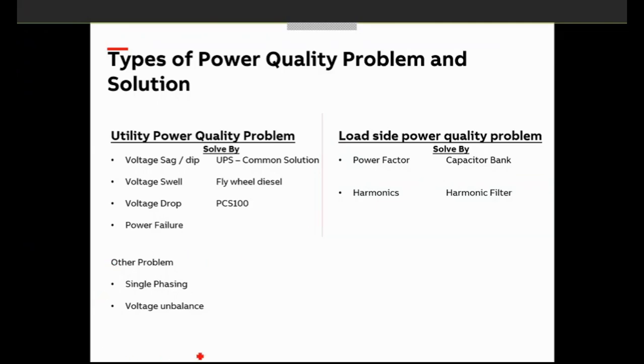But single phasing and voltage unbalance is different, because a UPS usually cannot solve it right away. So this makes our PCS 100 very special.